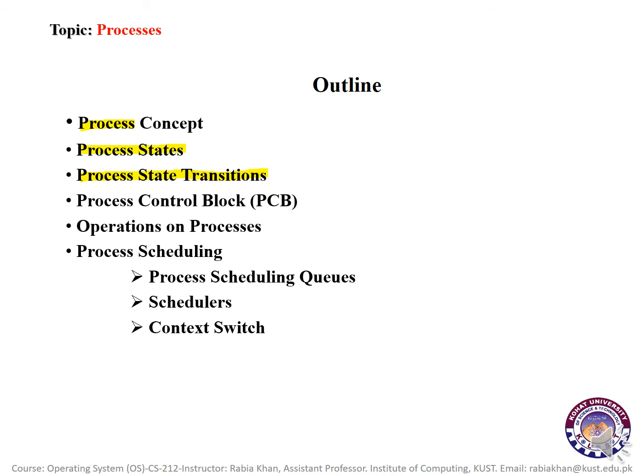We discussed one state transition in the previous lecture, the two-state model, where a process changes its state from ready to running and comes back from running to ready.